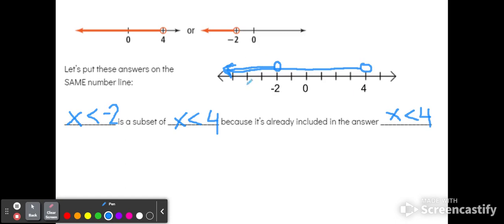Is -4 included in x is less than 4? Yes. And so this x is less than -2 is sort of redundant, okay? And so they overlap, and so we have what's called a subset. Okay, our graph still looks like this, and they're both still going to continue to decrease forever and ever, but they overlap and continue in the same direction.